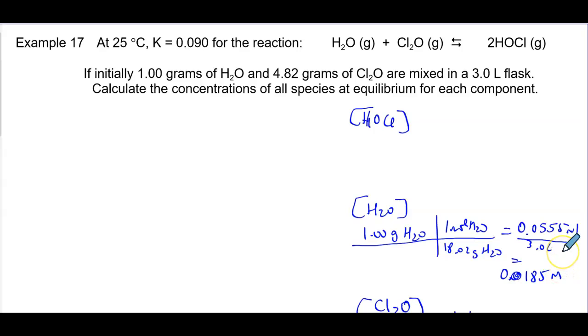And then I go back up here, and I have no information given about this. So we can go forward and think about what we do have. We know this is initial and initial, so we can set up our ice chart. Why do we need an ice chart? Because we do not have everything at equilibrium.